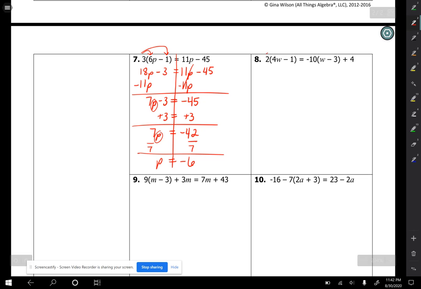Number 8, pretty much the same thing. Oh, we have to distribute on both sides for this one. Okay, let's combine those like terms before we move on.